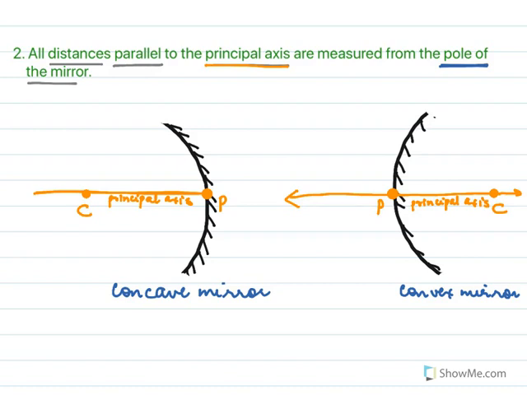Now they say all measures are to be made from the pole of the mirror, which means if I have an object kept at this point, here is the object, and I want to measure the object distance, I would have to measure from the pole to this. This would be my object distance.